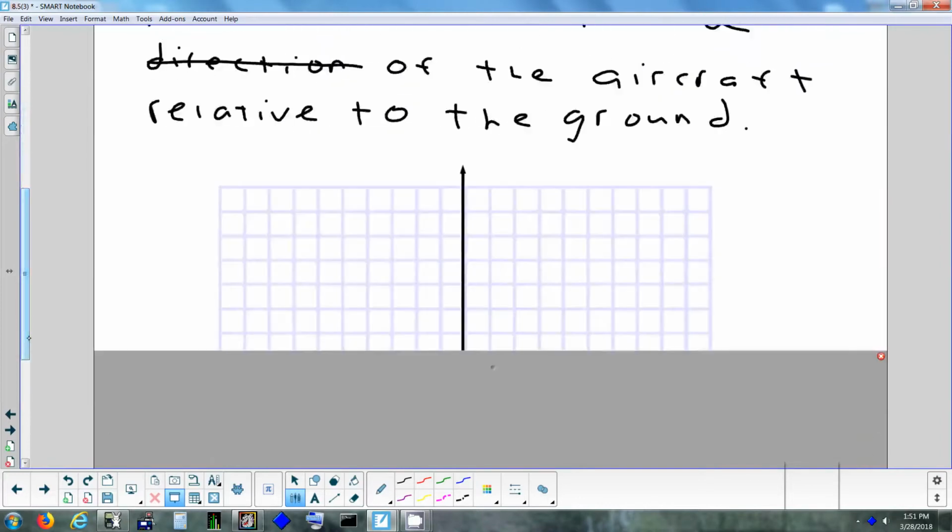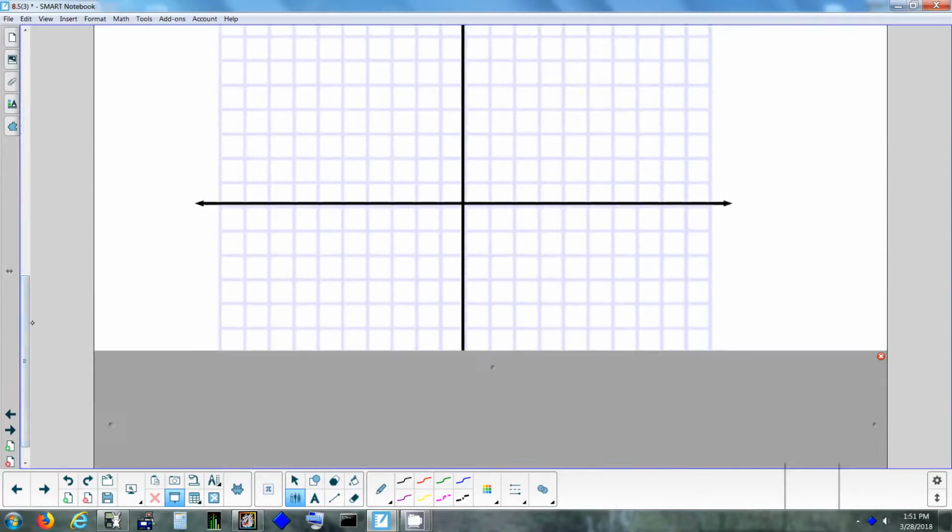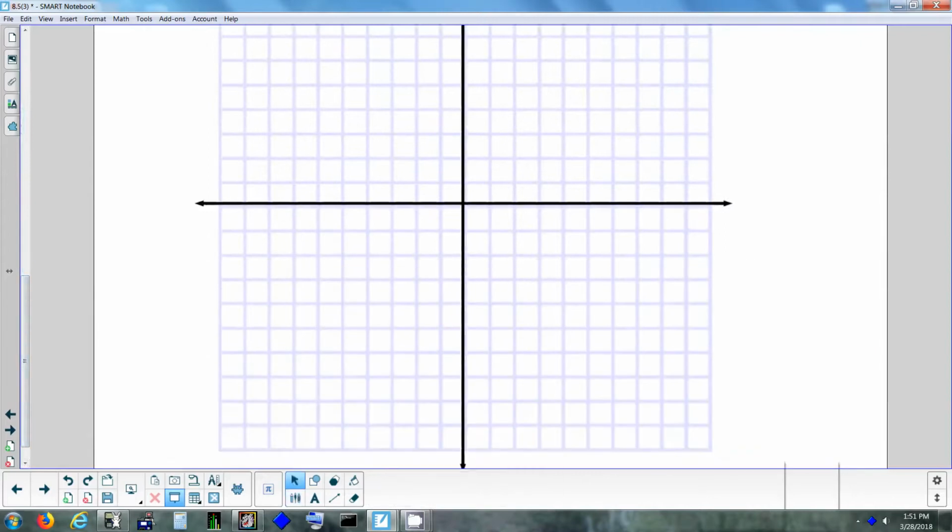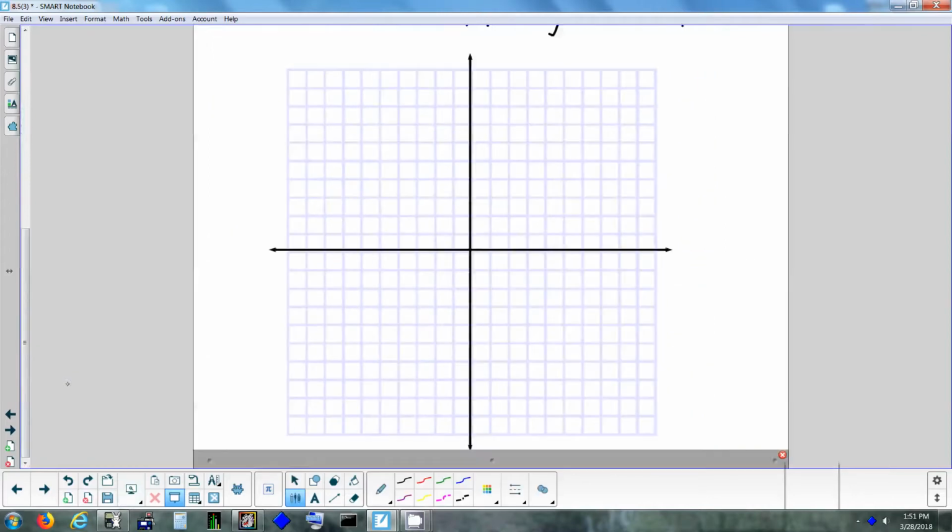All right. So just kind of a quick sketch of what's going to happen, not to scale, but that's the velocity vector for the plane. The plane wants to go south. The wind, V sub W, wants to blow the plane northeast.